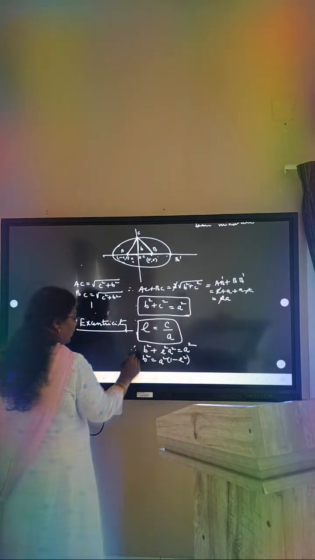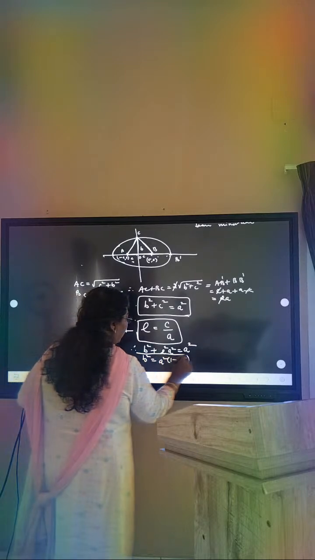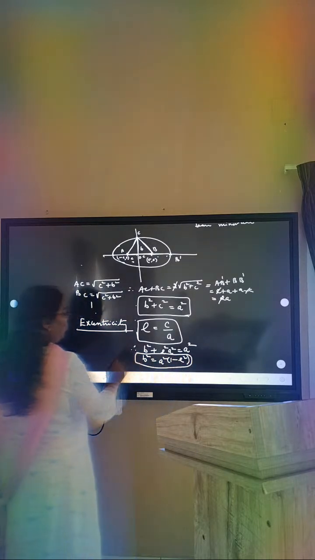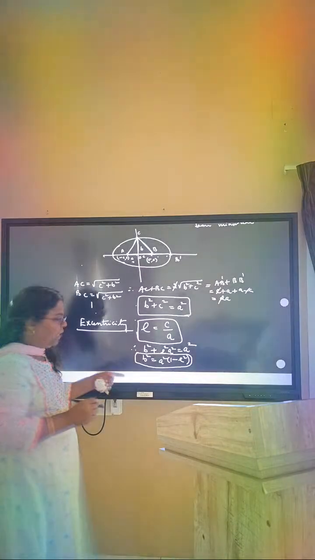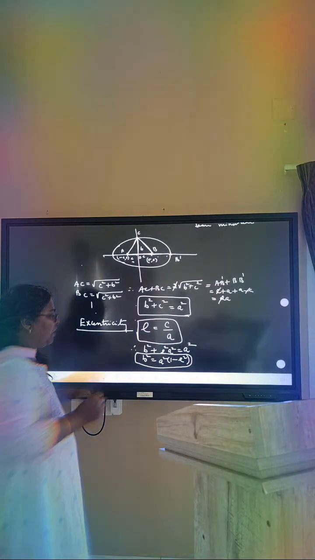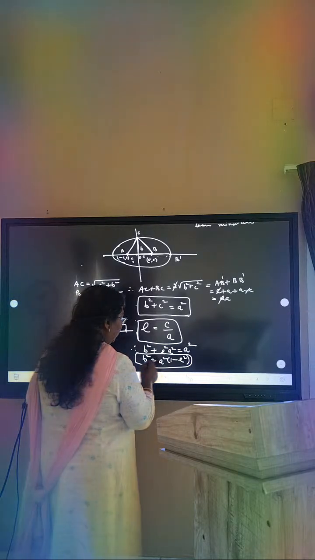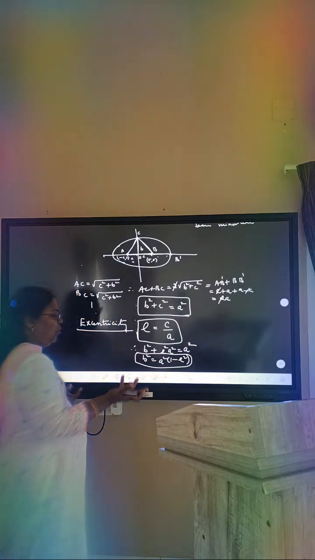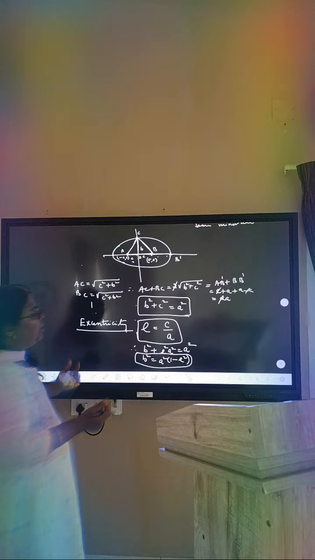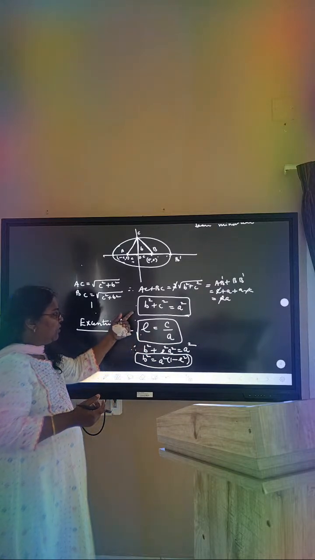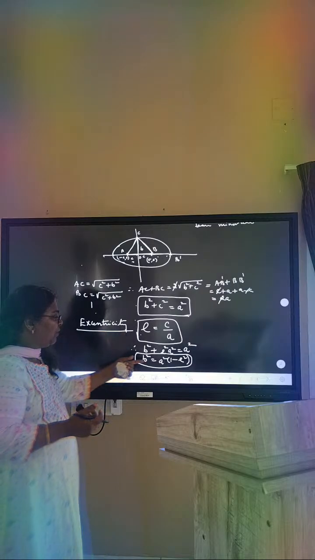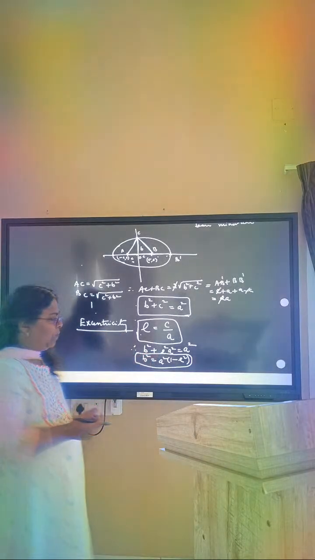So this is another relation. B square is equal to A square into 1 minus E square, or B square by A square is equal to 1 minus E square. With the help of this eccentricity, the relation becomes B square is equal to A square into 1 minus E square.